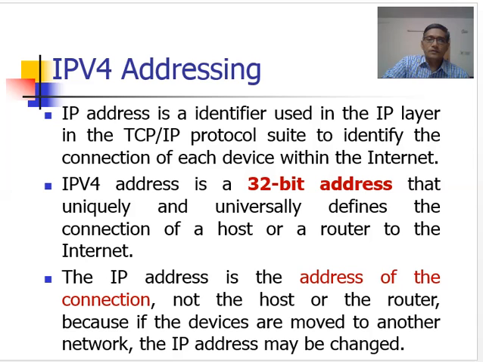One thing we need to remember is that to identify a particular host within a particular internet, two addresses are basically used. One is the logical address and the other is the physical address. The logical address is what we call the IP address, which is 32 bits.